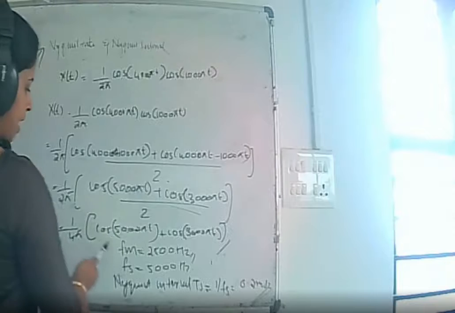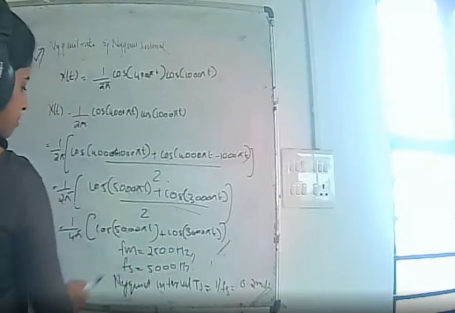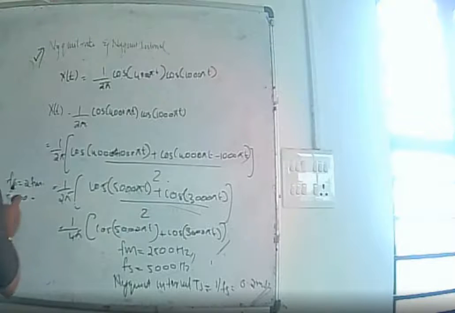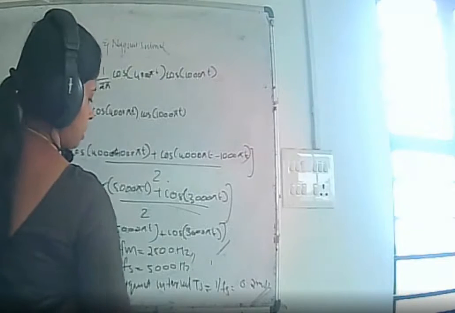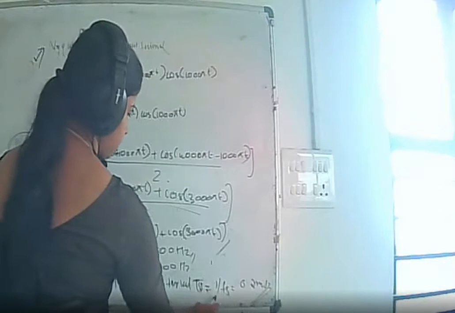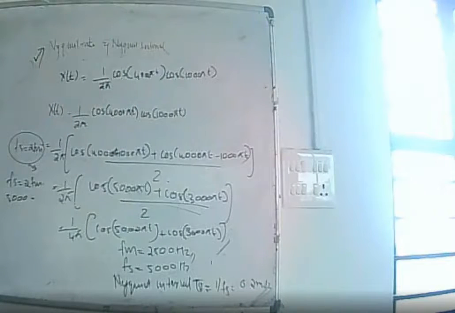So here we have Fs, which is the sampling frequency, 5000. Fs is 2 times Fm, which is the Nyquist criteria to be followed. So Fm will be 2500, and the Nyquist interval is nothing but Ts, that is 1 by Fs, which is 0.2 ms. A simple problem.